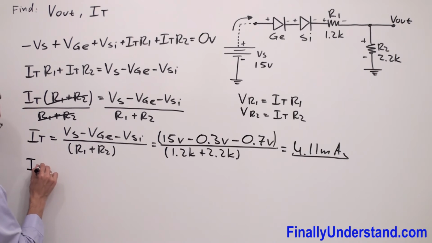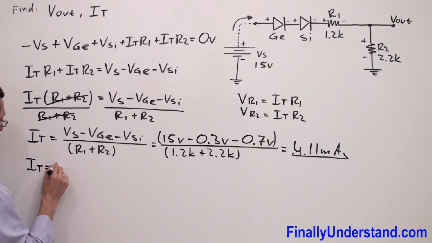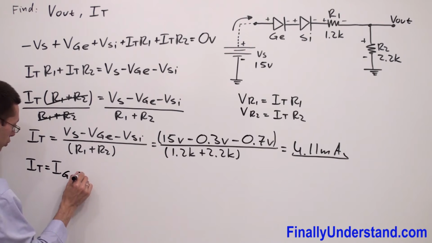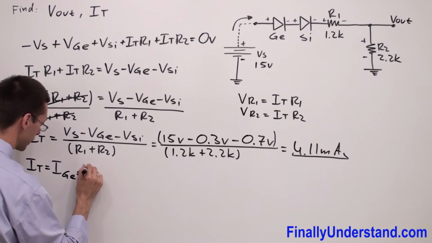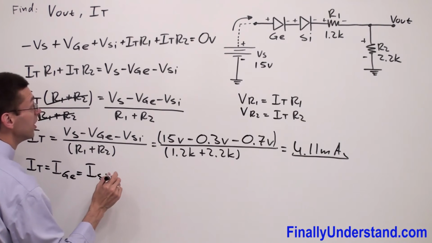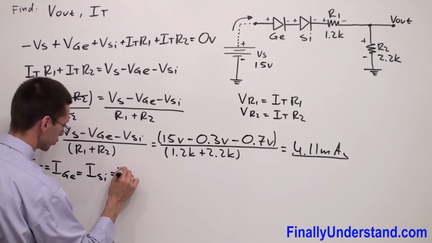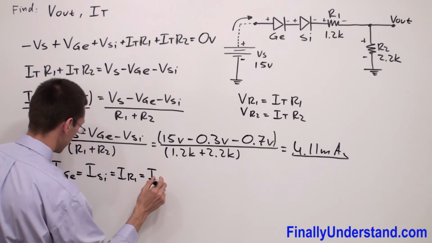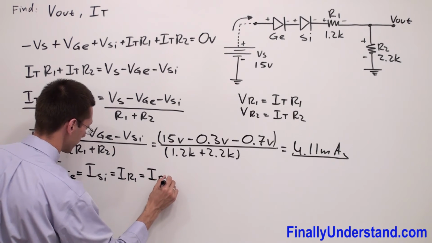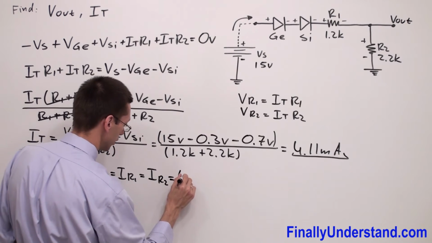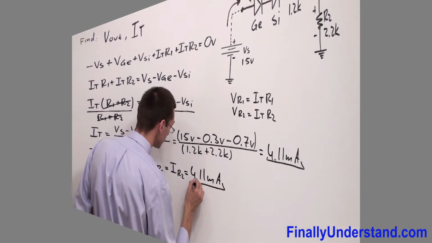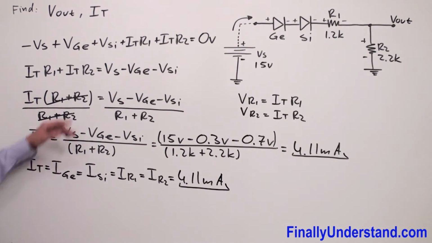I total is equal to the current which goes through the germanium diode. This is also equal to the current which goes through the silicon diode, the current which goes through resistor R1, and the current which goes through resistor R2. Everything is equal to 4.11 milliamps. So we found the current.